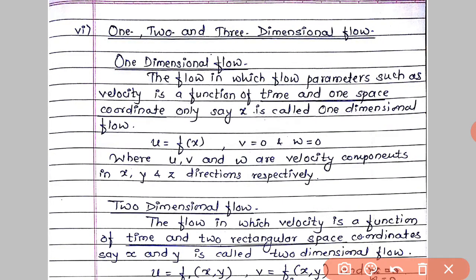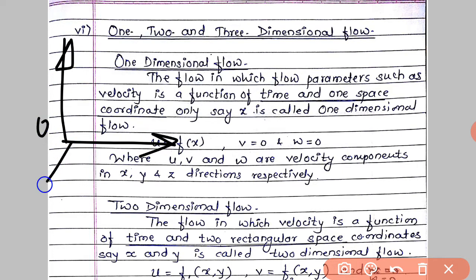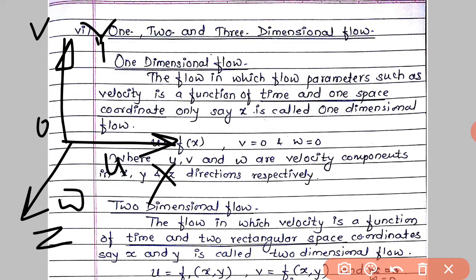For this, see here, this is the coordinate system, say this is the origin, x-axis, y-axis and this is the z-axis. So velocity in direction x will be small u, velocity in direction y will be v, and velocity in direction z will be small w. Those are the velocities for the respective directions.